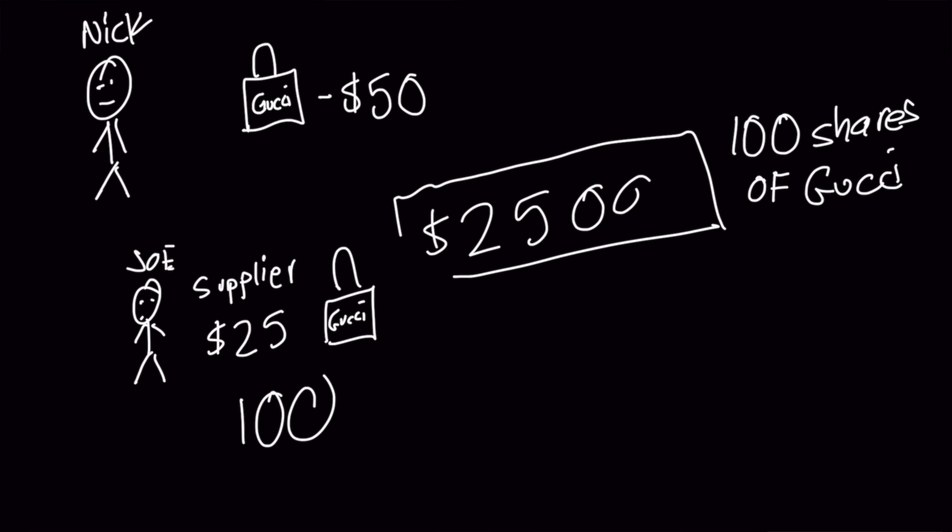The only cost that he put down was this $2,500. He can't lose anything besides this $2,500 in this one contract.